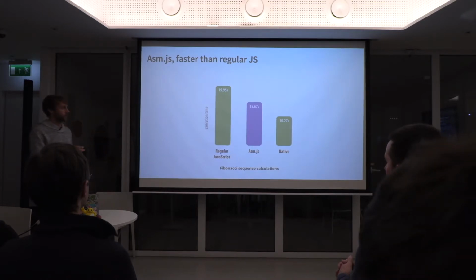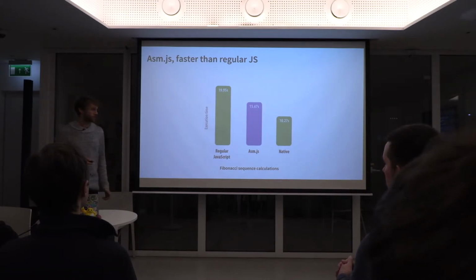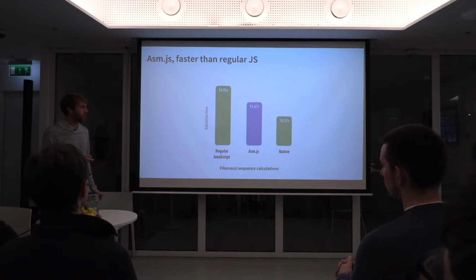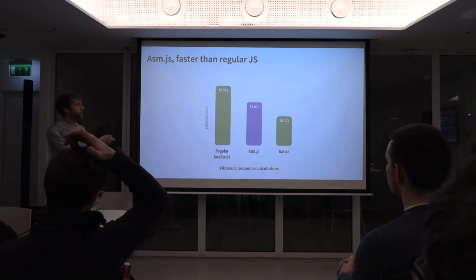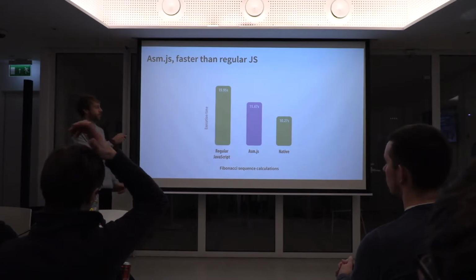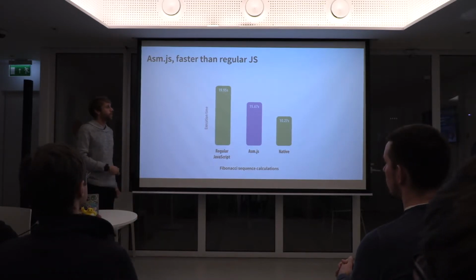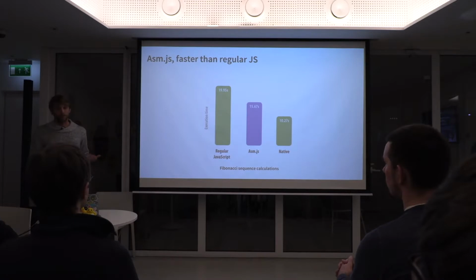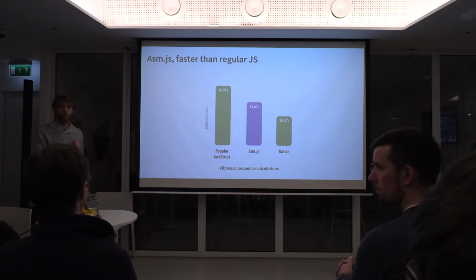So what do we get by using ASM.js rather than regular JavaScript? We get faster code. This is just a chart of calculating the Fibonacci sequence. And as you can see, ASM.js code did 25% faster than regular JavaScript code, which is amazing. 25% is an enormous improvement. Regular JavaScript is JIT compiled, right?